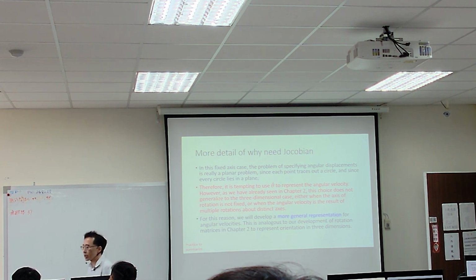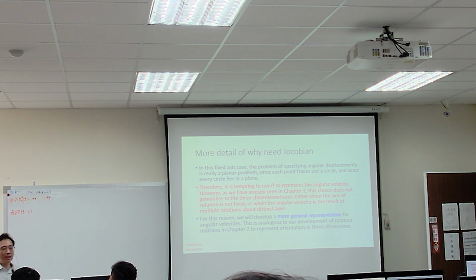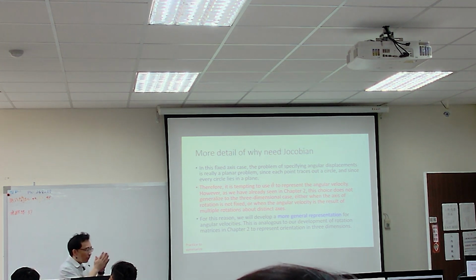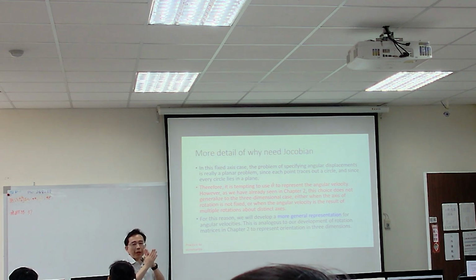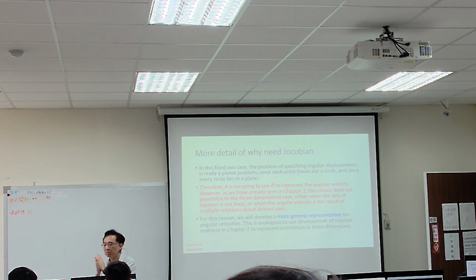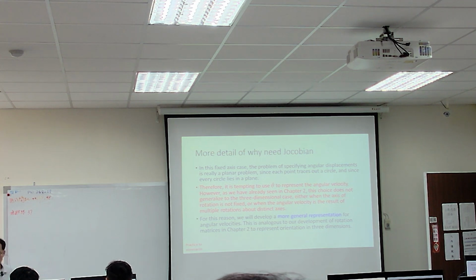So we need a more general representation like this way. If we don't have this kind of way, then the angular velocities have the issue that they couple together. So it's not a good one for the general representation. Okay, I just tried to come up with this and share with you. Okay, any question?